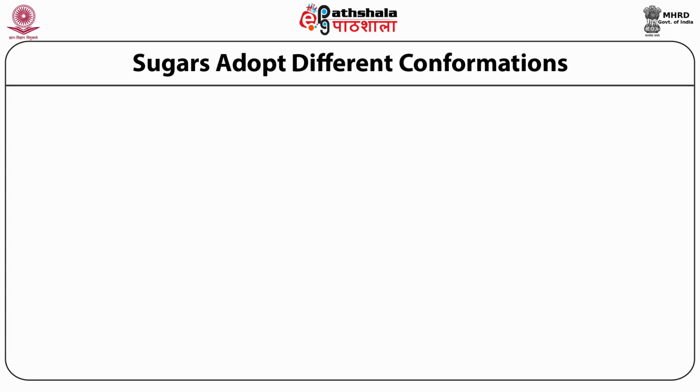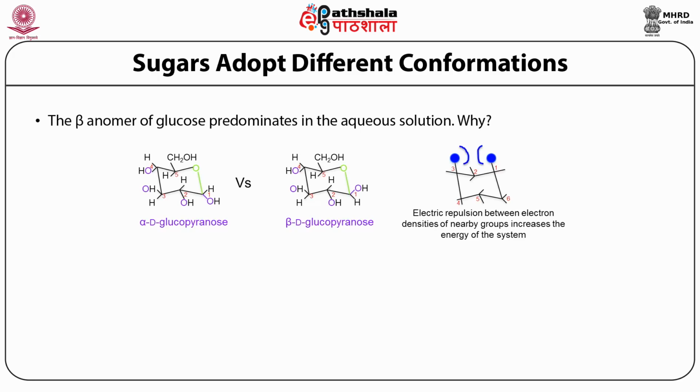So the answer to the question as to why the beta anomer of glucose predominates in the aqueous solution as opposed to the alpha anomer lies in examining the chair conformation of the alpha and beta glucopyranose structures.